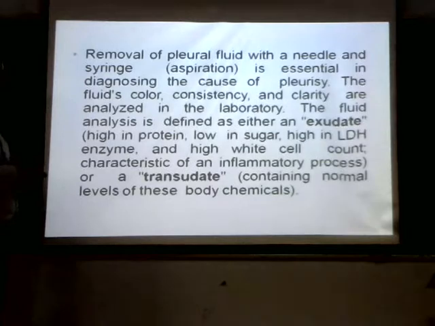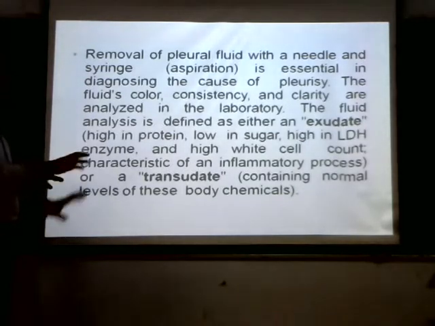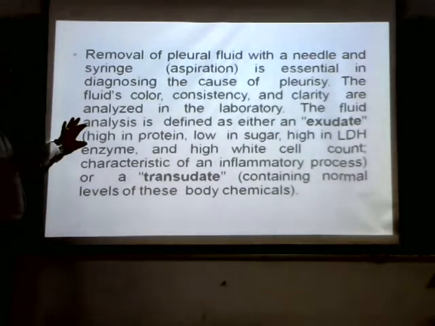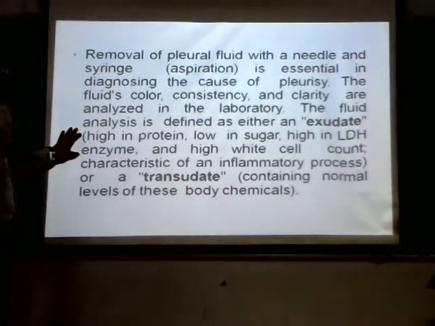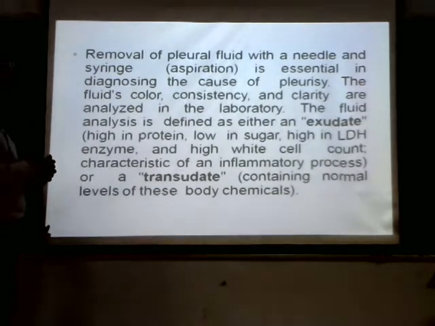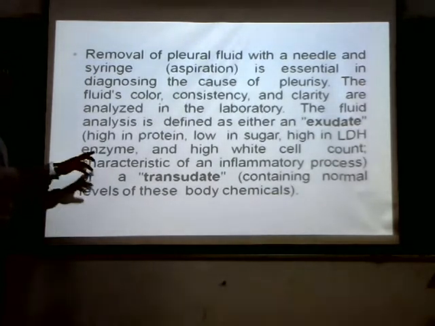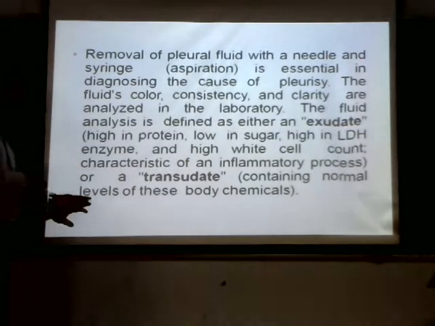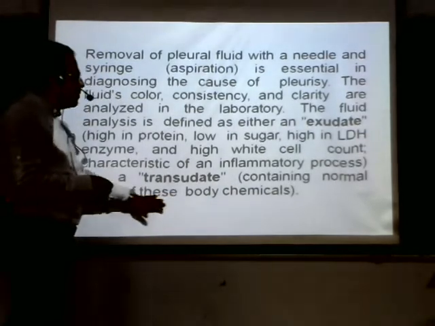The fluid is defined as either an exudate, which is high in protein, low in sugar, high in LDH enzyme, and high in white blood cell count, characteristic of an inflammatory process, or a transudate, which contains normal levels of these body chemicals.